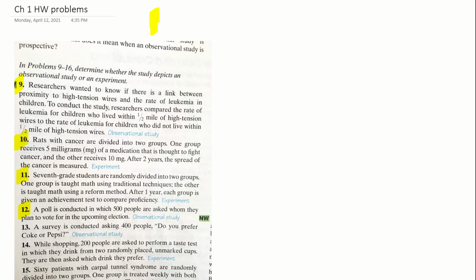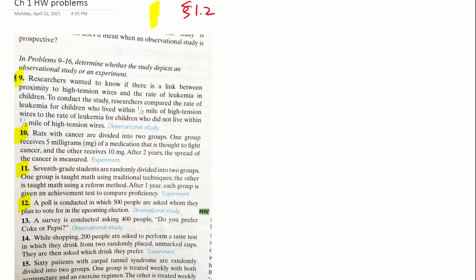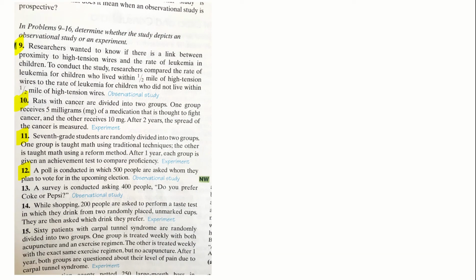So this is section 1.2. Okay, so this first group of questions is asking whether the study is an observational study or an experiment. Well, the difference is in an experiment, you are somehow imposing a treatment.